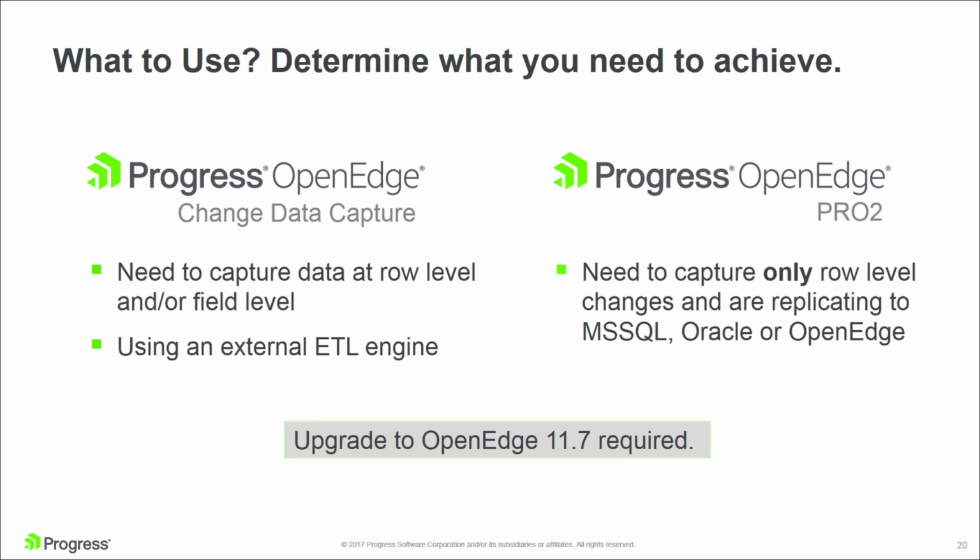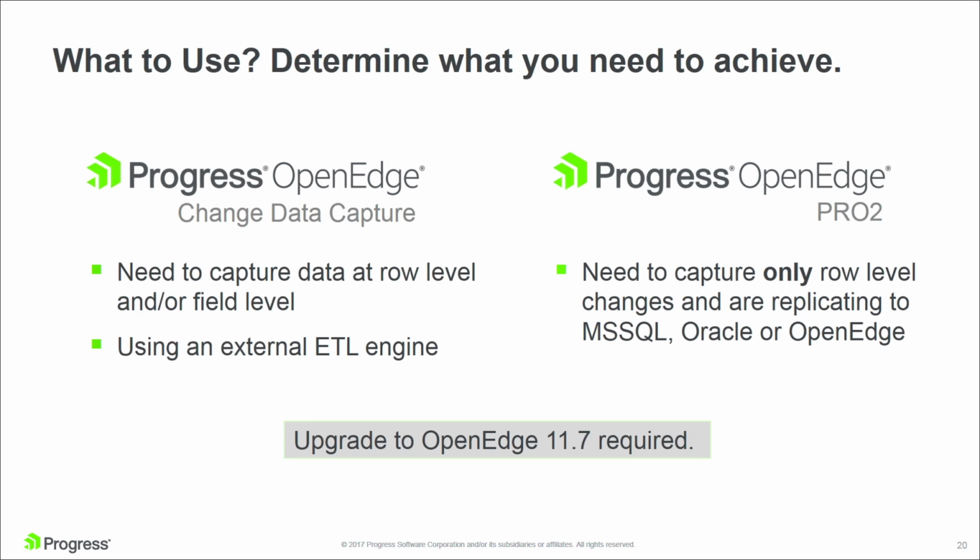So if you're capturing just that the row changed, CDC is an alternative for you. If you need to capture that data change within individual fields, then CDC is the right tool for you. Additionally, if you're using an external ETL engine to extract that data out, then CDC is the right choice for you.